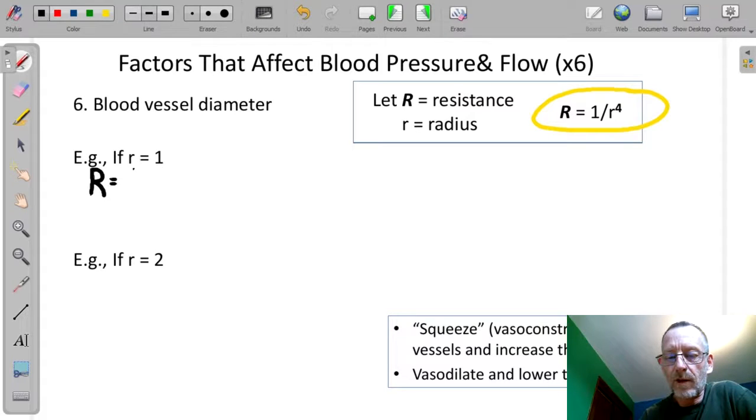And we had 1 over the radius, which in this case is 1 raised to the 4th power. Well, that is equal to, doesn't matter how many times you multiply 1 by itself, it's always 1. So that's 1 over 1. So that is equal to 1.